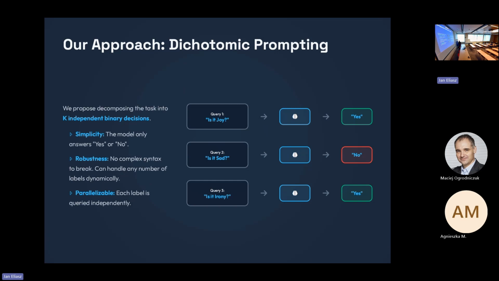No JSON schema and so on, just simple binary queries, and the model needs to answer yes or no for each query. This makes the entire problem very simple for the model, and very robust, because we just need to ensure that the model produces yes or no, this dichotomic kind of answer.